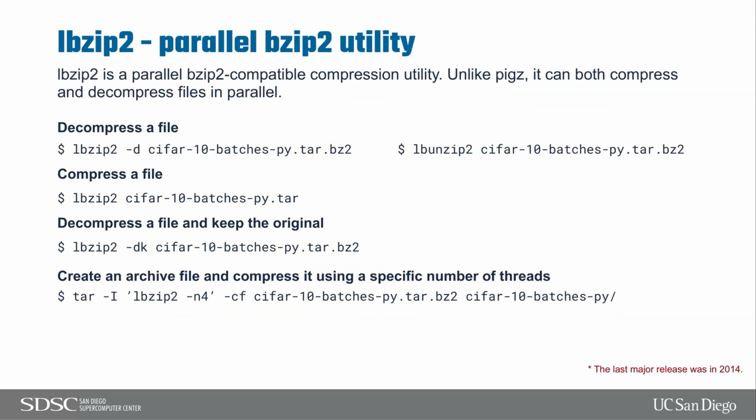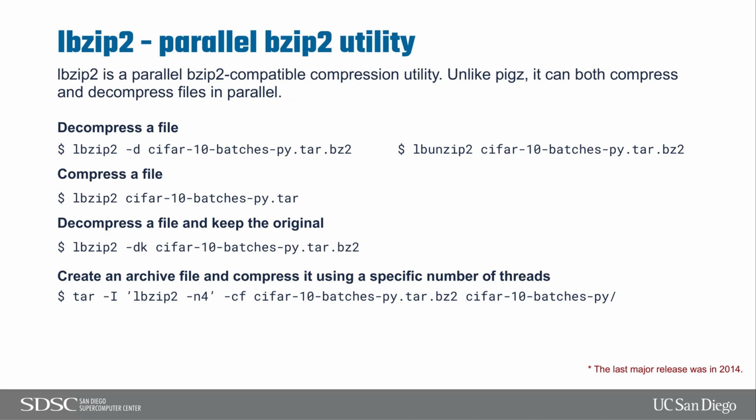It's supposed to be pretty nice, but I haven't used it much myself, and the last major release was in 2014. That kind of thing always worries me a little bit, but it's still in use as far as I could tell when doing research for this talk. I include it here mostly as a reference that there are parallel versions of the bzip2 format as well.